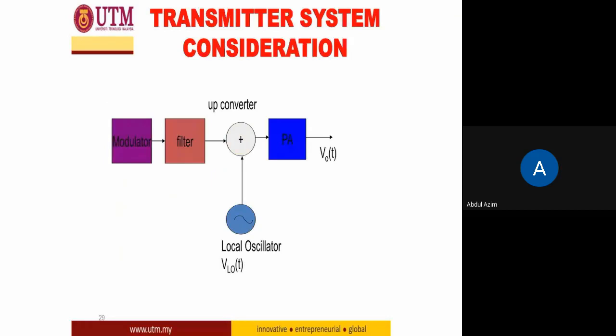This time you see the transmitter consideration: the power output and the operating frequency. Normally these are the important parameters in order for the transmitting process to be done.